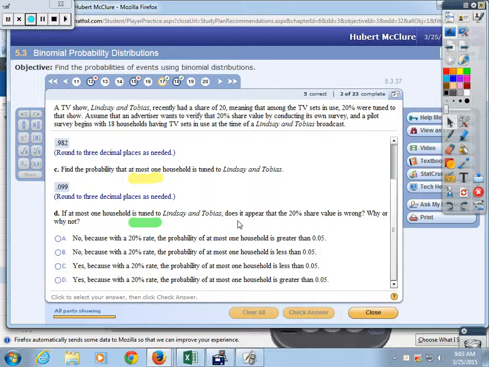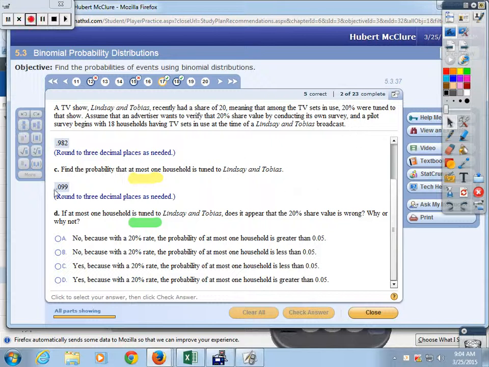Let's go back up here: meaning that among the TV sets in use, 20% were tuned to that show. 10% is not equal to 20%. So in my opinion, is this value wrong? Yes. Now you've got to see how wrong it is.